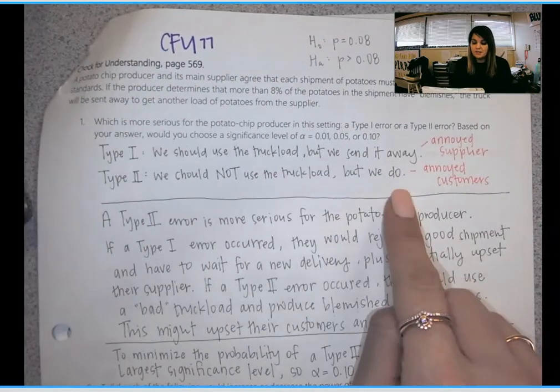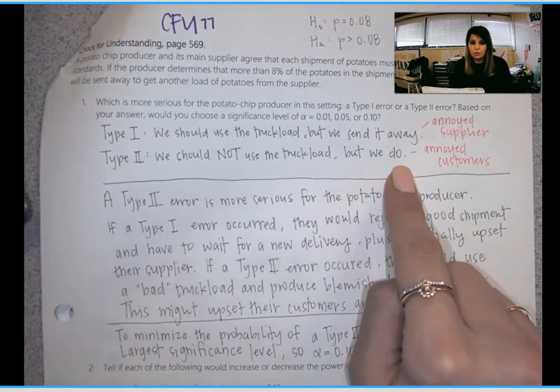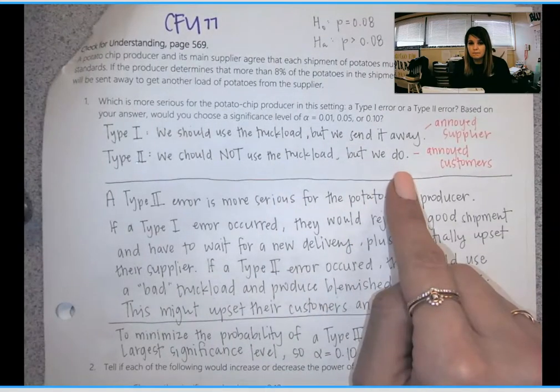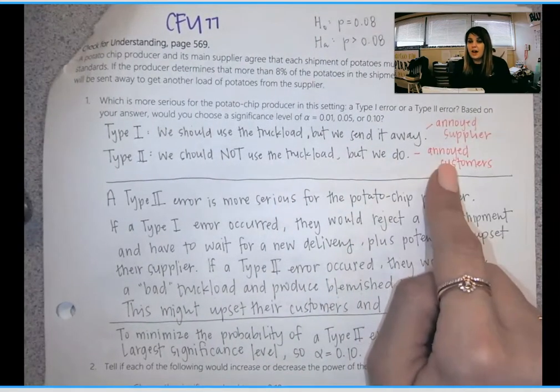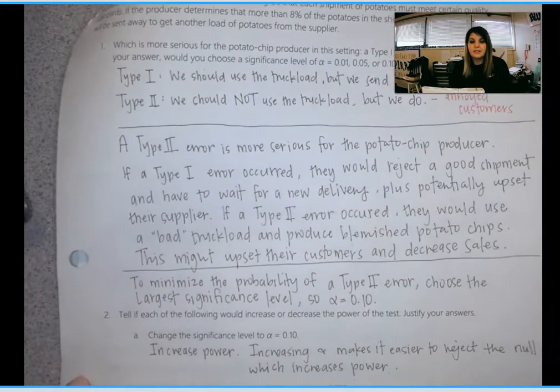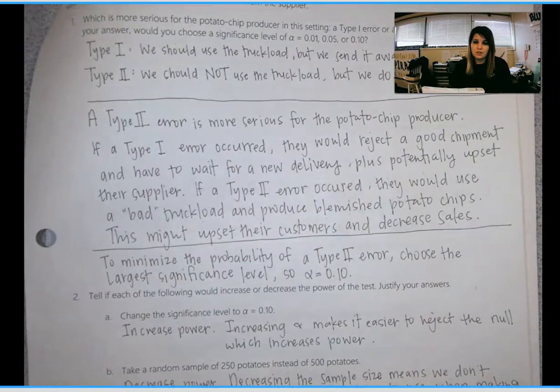If you keep the truckload, but you shouldn't, you could have annoyed customers. This might annoy your consumer. In this case, I think a type 2 error is more serious for the potato chip producer.